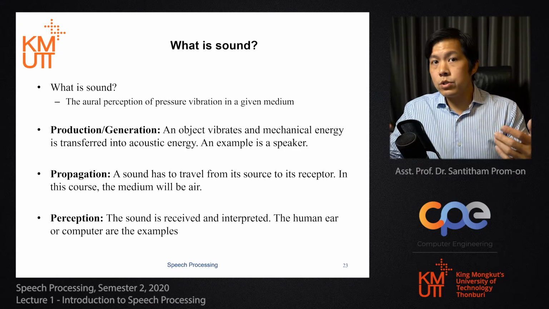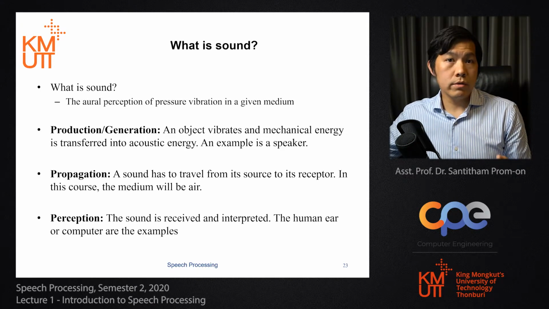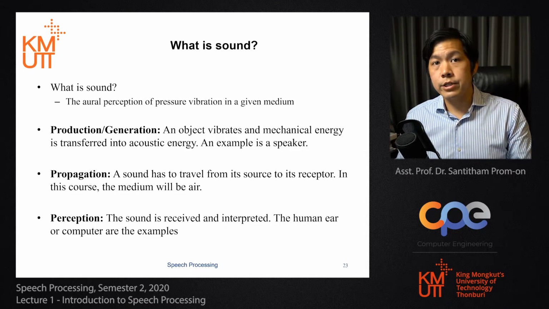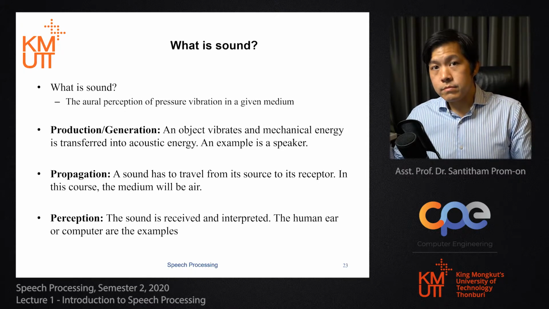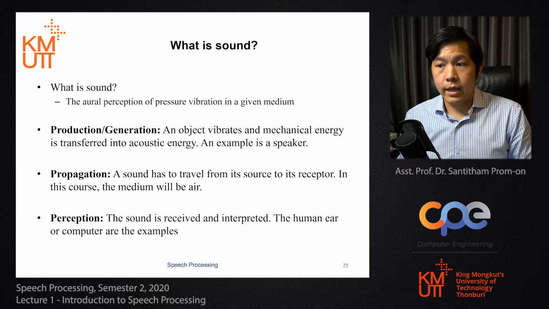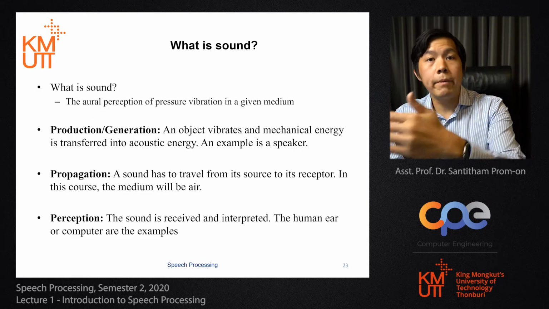When you speak through something like walls, how can you hear the sound? When I'm talking about vibration, right, if the wall is quite solid, it can propagate the vibration.